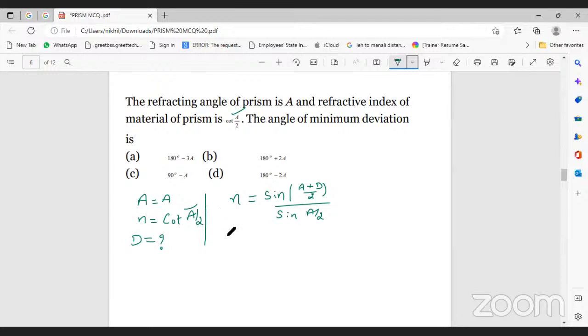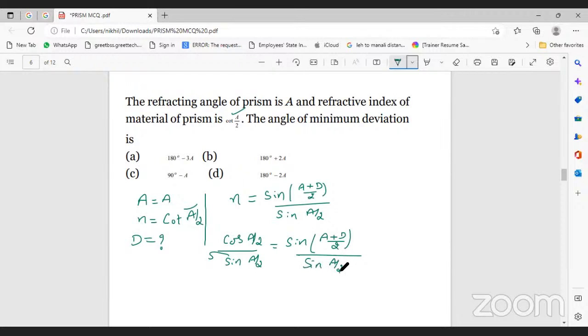Instead of writing cot A by 2, shall I directly write cos A by 2 by sin A by 2? Yes, sir. Denominator is sin A by 2.